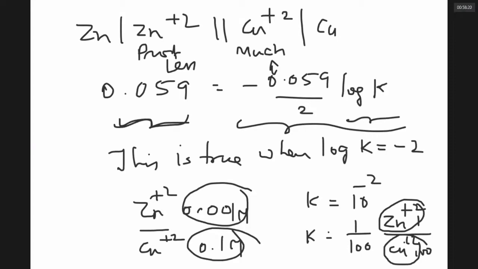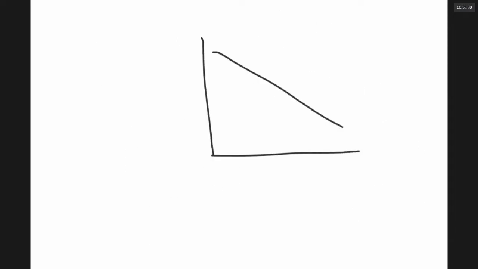Yes, sir. This is the problem that appears in IIT Mains. In fact, they will give a graph like this. This is O, this is A, and this is your Zn +2 by Cu +2 ratio. Here it is increasing, which means here it is decreasing.